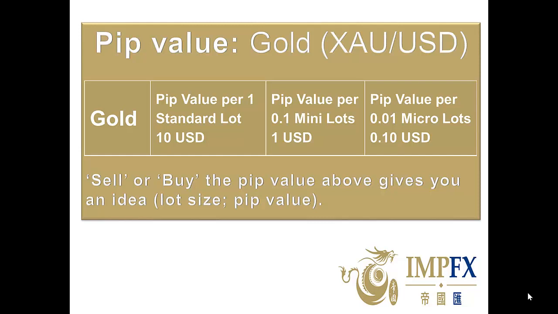So sell or buy, the pip value above gives you an idea of the lot size when you're actually placing a trade. Do take note of that, because sometimes people make a mistake and actually put one lot on, which as you can see, if you do apply that trade, every pip will be worth $10 US in a losing or winning trade.